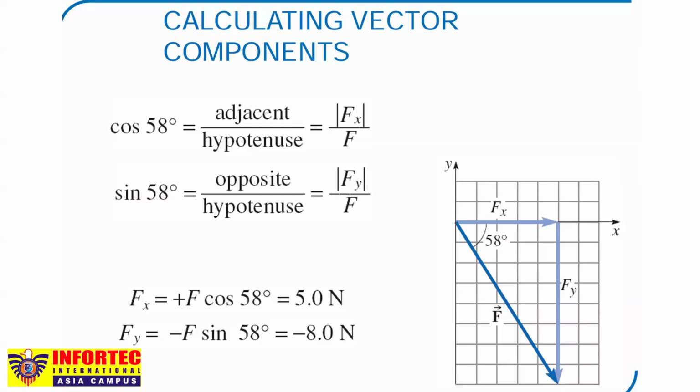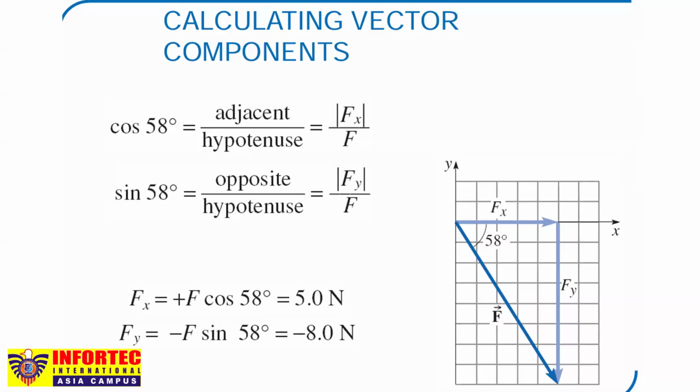And according to this triangle, sine 58 is Fy divided by F, and cos 58 is Fx divided by F.